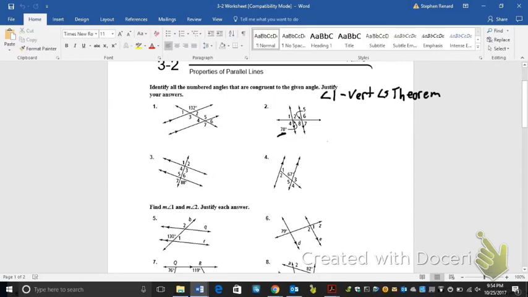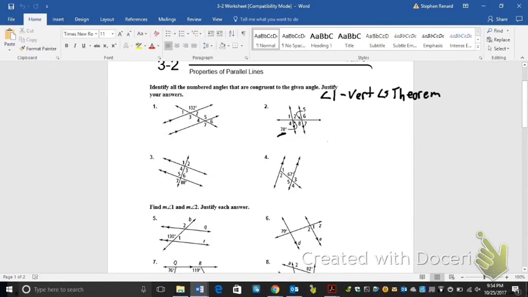For us, it's the vertical angles theorem. You need a rule, a definition, something that's going to allow you to say that. So go ahead, hit pause, work on it, and we'll come back when you guys are ready.